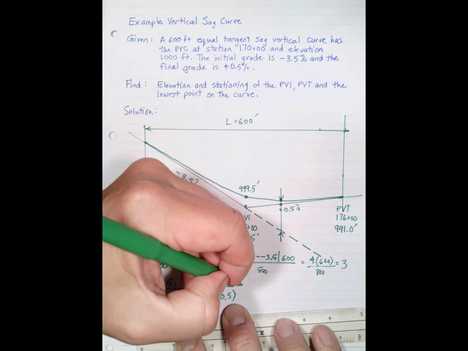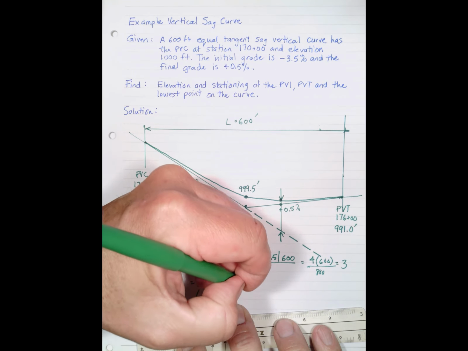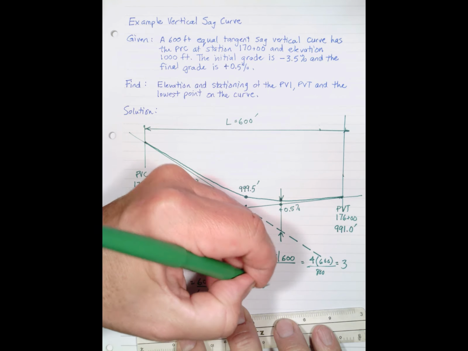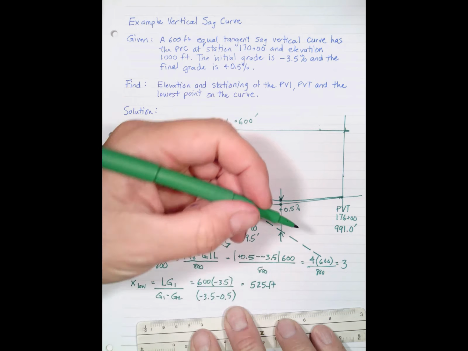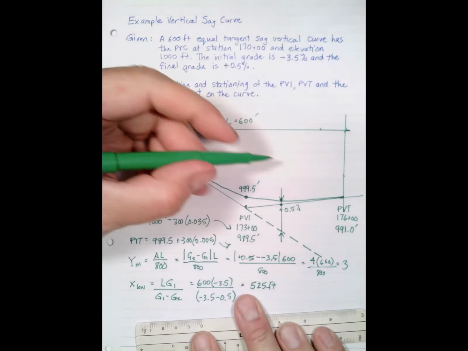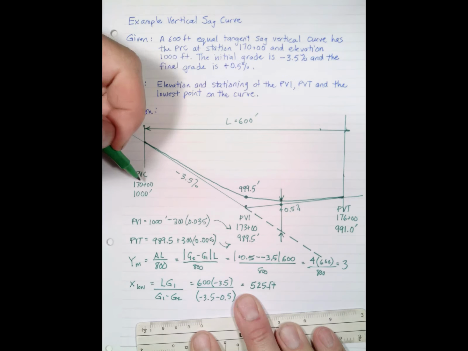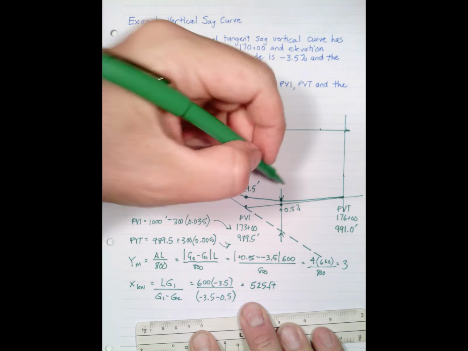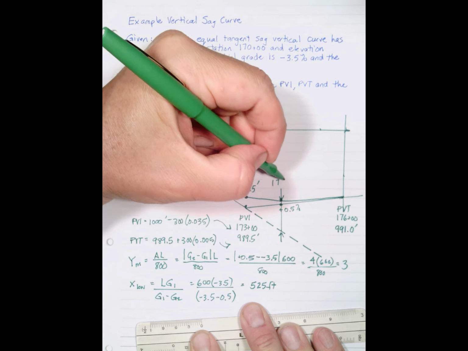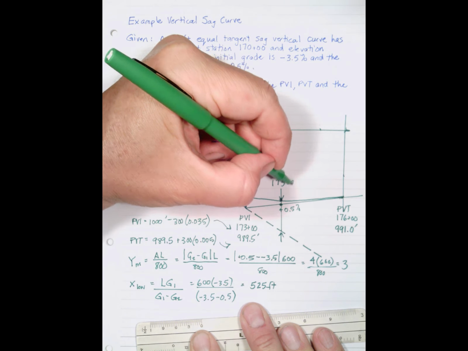So the distance from the left-hand side to the low point is 525 feet. For the station, we just add 525 feet to the PVC. So the station is 175 plus 25.